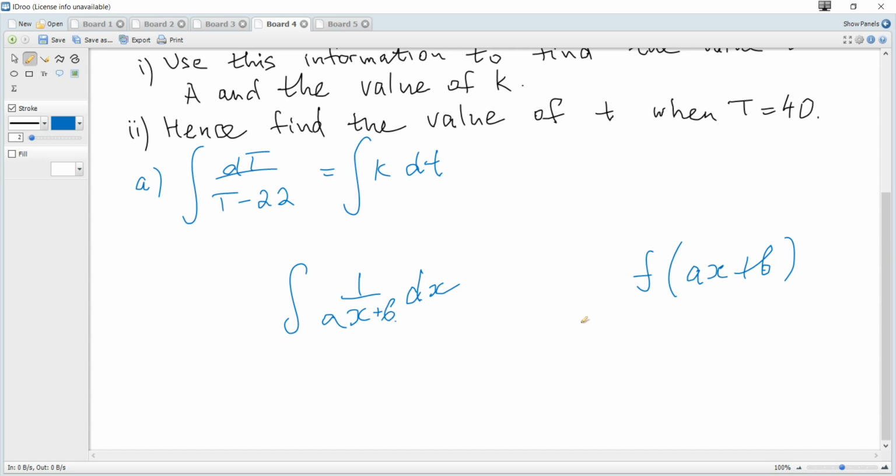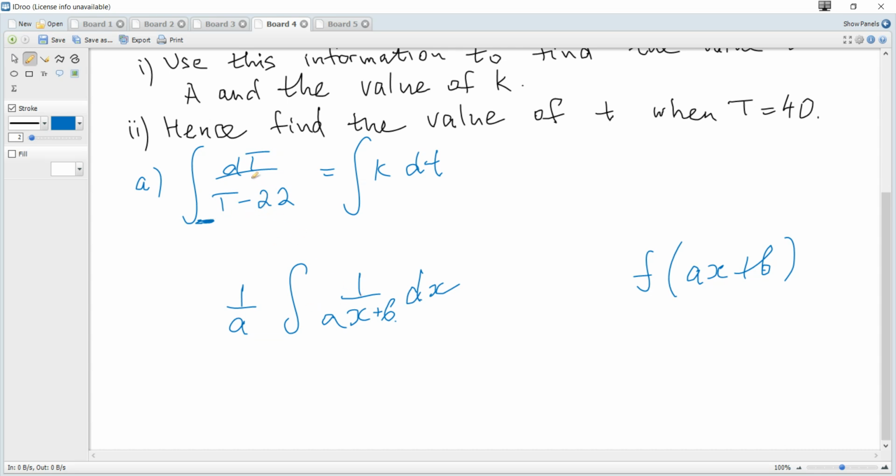We can use the same formula as for 1 over x, but 1 over a arises in front and we keep the same argument. So here you can see that a is 1, so actually nothing arises in front, and we just keep this argument.